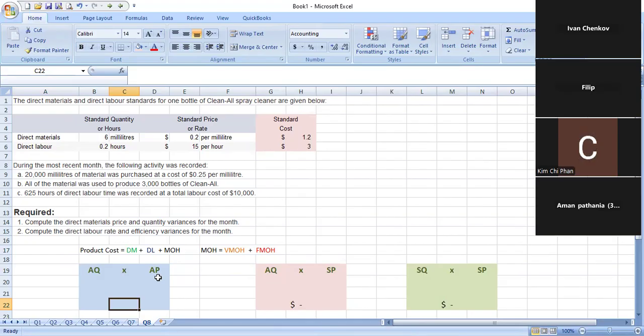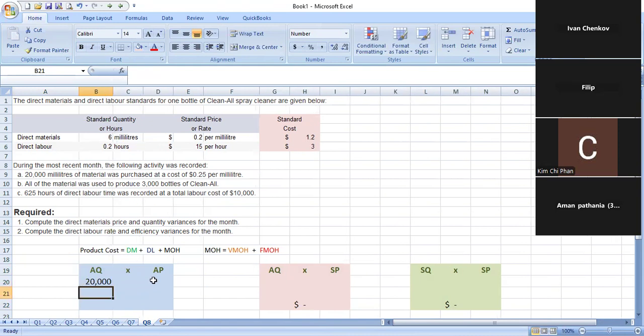Let's go with direct material. We know how much material was purchased and used, correct? That will be 20,000. Yes. Next thing that we know is what's the actual price? 25 cents a milliliter. Correct.